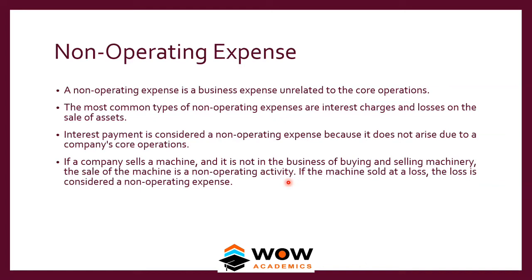Their main business is to manufacture the car, and now they are selling an old machine. So that old machine is not their core business. If the machine is sold at a loss, the loss is considered a non-operating expense. The machine is not the core asset of the company, so it would be considered a non-operating loss.